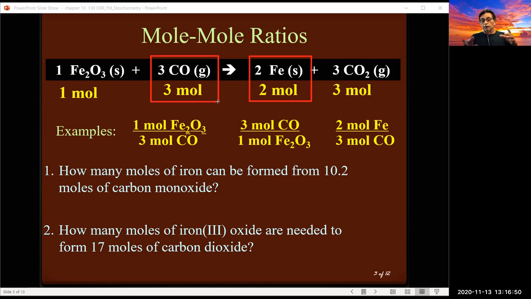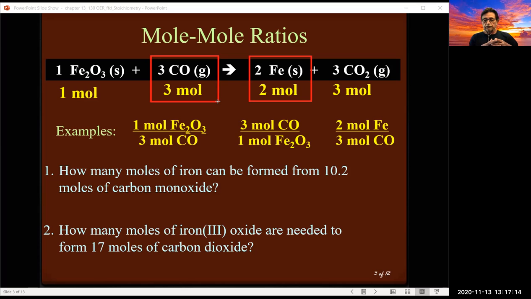That's it. What's happening with carbon dioxide or what's happening with iron(III) oxide, it's not important because the question here is simply asking us how many moles of iron can be formed from 10.2 moles of carbon monoxide. The assumption is that you have enough of the other reactant to give you this reaction.